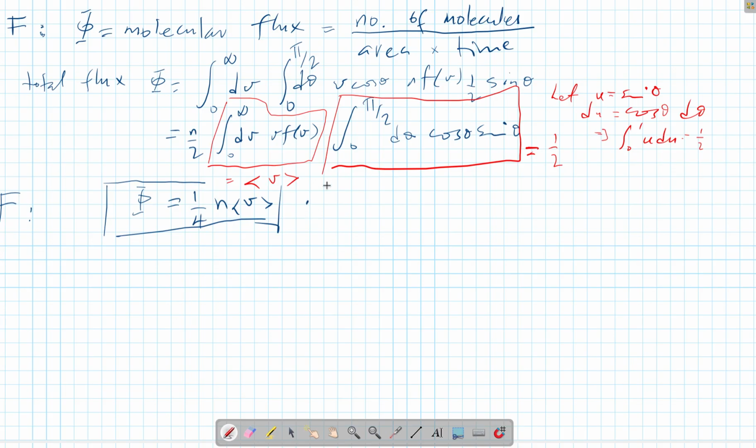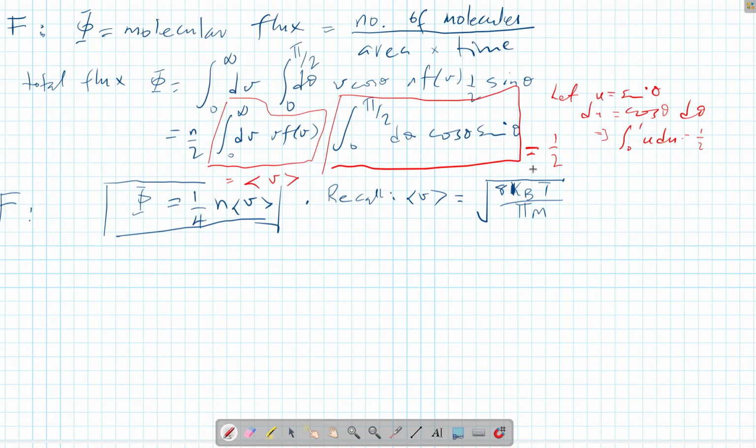And if we recall that for an ideal gas, we have derived earlier an expression for the average speed. It's going to be square root of 8 kBT divided by pi times m, the mass of the molecules.